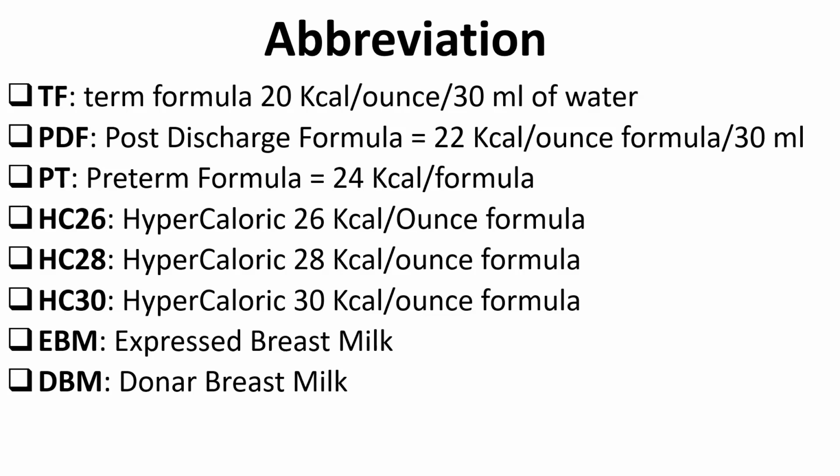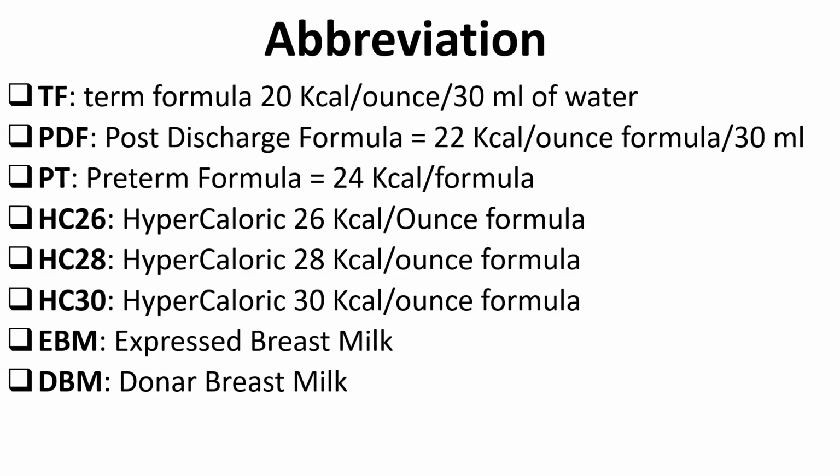The preterm formula contains 24 kilocal per ounce, okay? And it's not available in Iraq, unfortunately. So I will teach you how to prepare a preterm formula from term formula, the 20 kilocalorie.